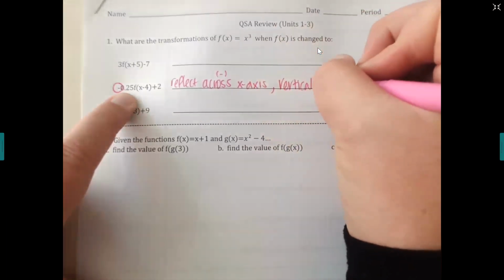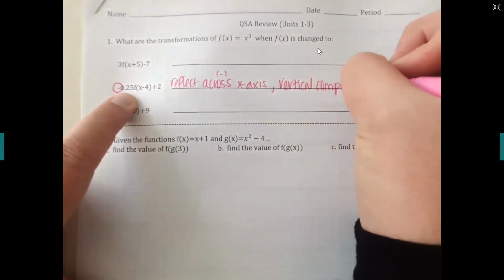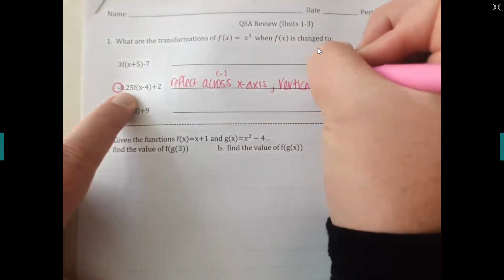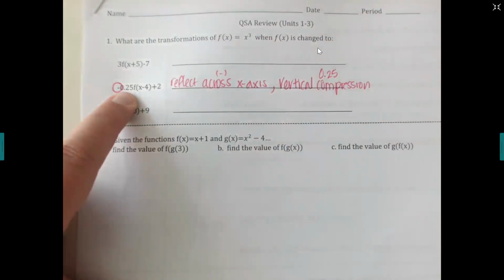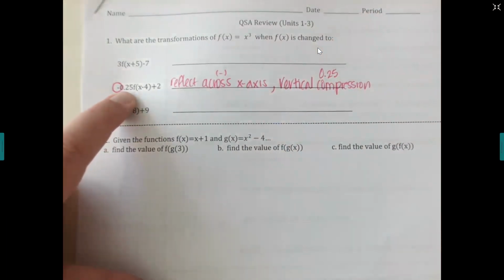Okay, vertical compression, and above that I'm going to put the 0.25. Remember, what's the cutoff where it switches from a compression into a stretch? It's a fraction, but really the cutoff is 1. Anything bigger than 1 is a stretch. Anything less than 1 is a compression.